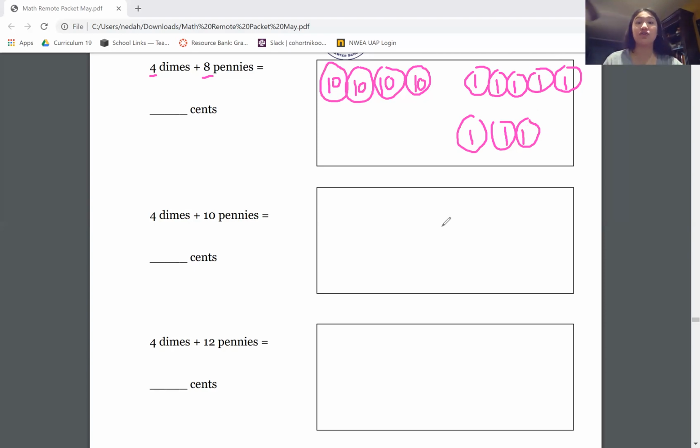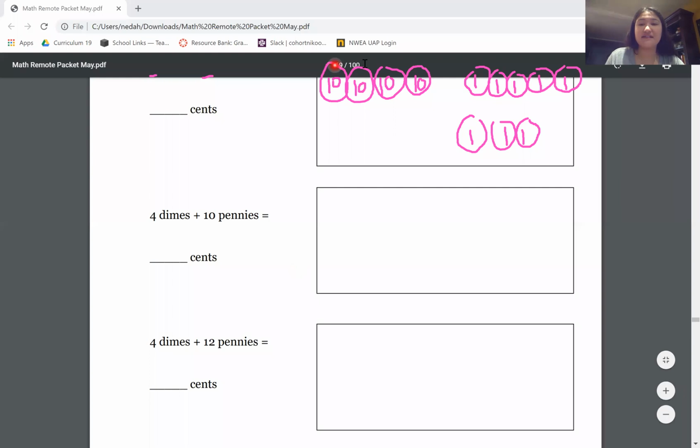Now we can count our total. Let's start with the dimes, then we'll count on the pennies. So we're going to count by tens and ones just like we do when we draw quick tens and ones.